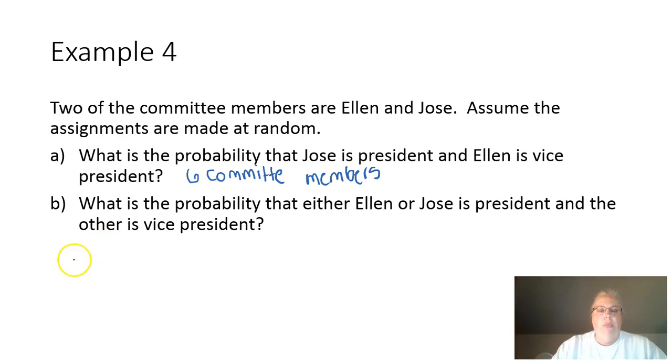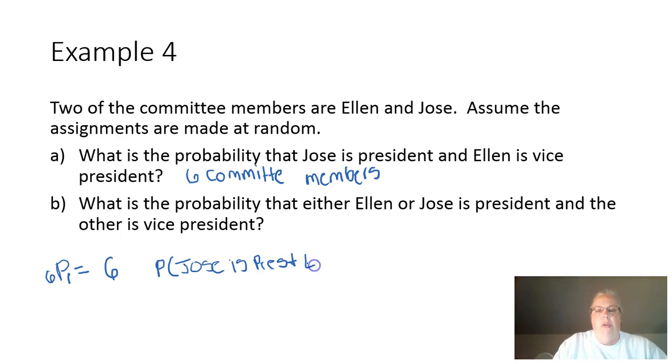And so that means that for A, we have 6 people. We're going to do a permutation, and we're going to choose them one at a time, and this is going to give me 6.